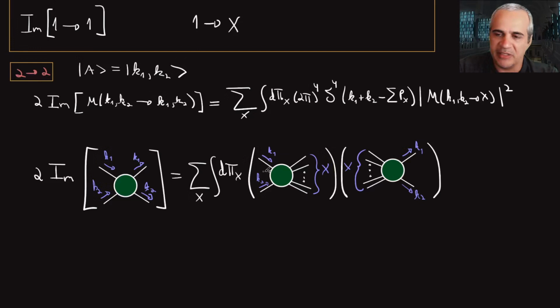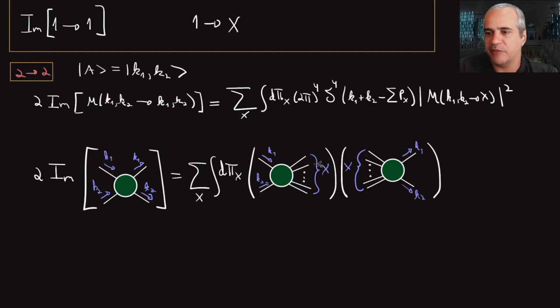So for instance, if I do a cut and I don't have enough momentum in K1 and K2 to produce all these X states, these will be zero, because I have to produce them on shell. So that particular intermediate state X won't contribute to the imaginary part of this loop that I'm cutting here.